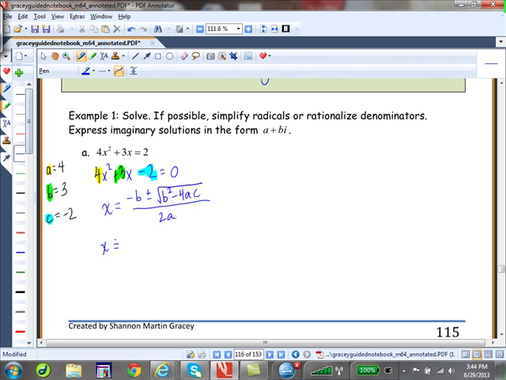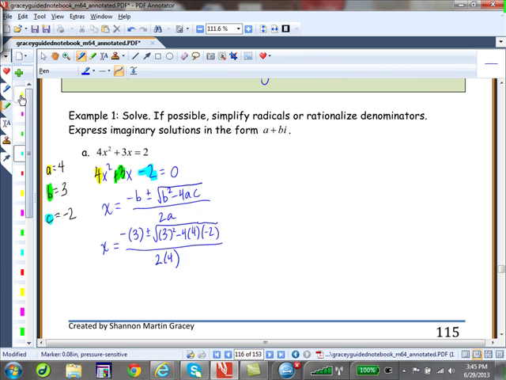So x is equal to the opposite of, what's b? Good, 3 plus or minus the square root of 3 squared minus 4 times what was my a? Good, 4. And my c was negative 2 all over 2 times 4.